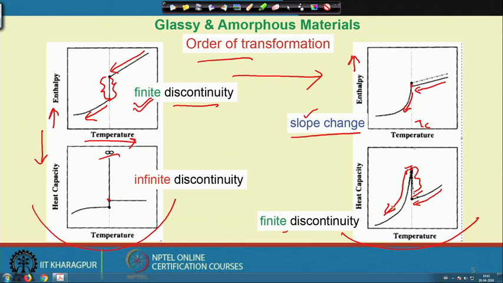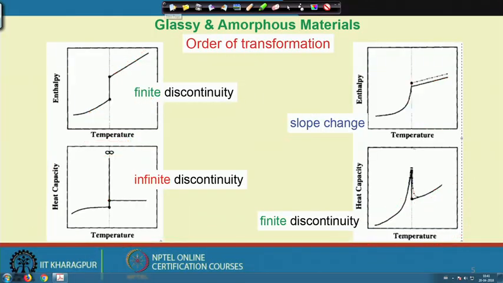So, these two cases are quite different, and now can you please suggest what is the order of this transformation in case A and case B? Let us have a look.